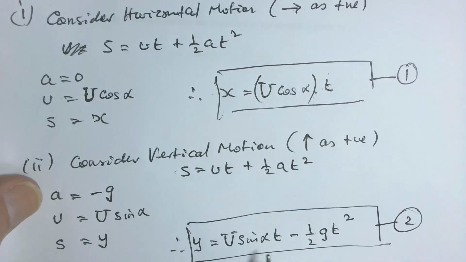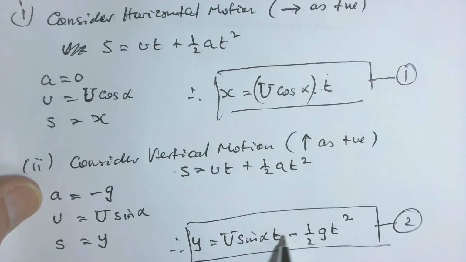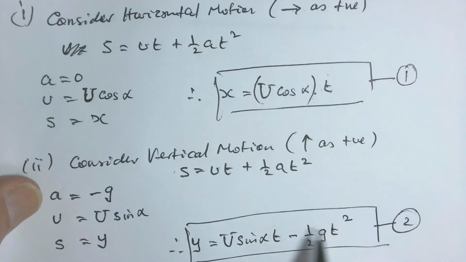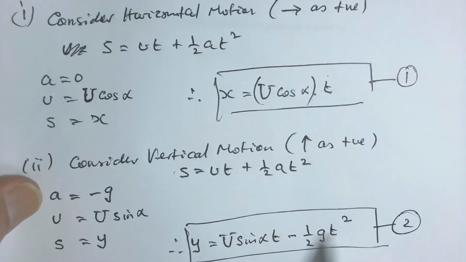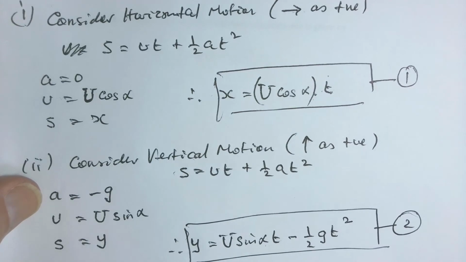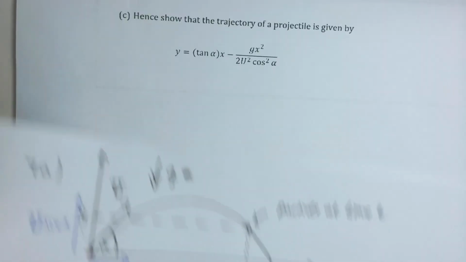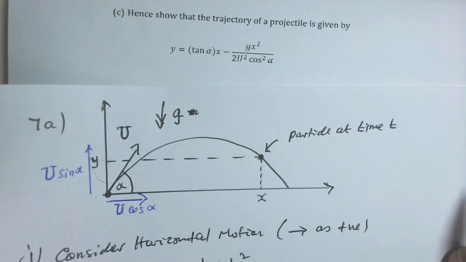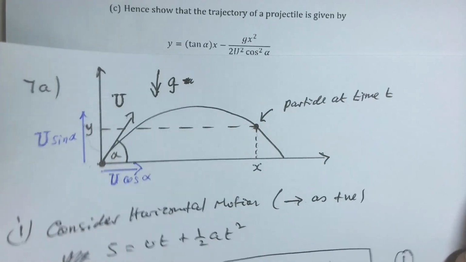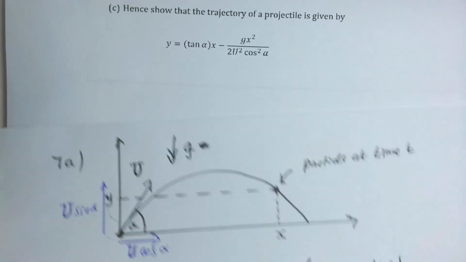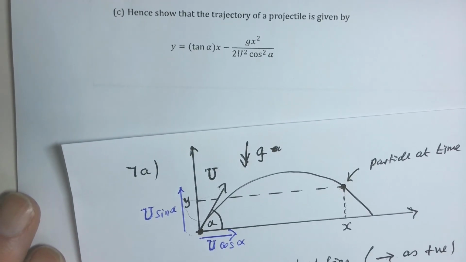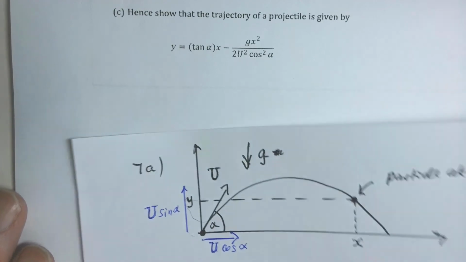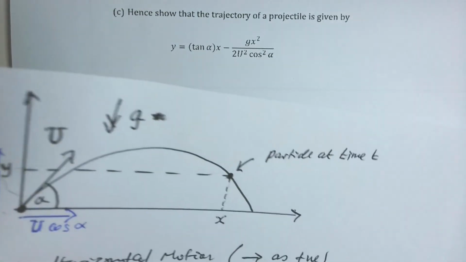Then I'm going to substitute for t in equation 2, get rid of these t's, and do a little bit of trigonometry, and hopefully we'll pop out this equation. You'll notice that this equation doesn't have any t's in it. It's only got x's and y's and alphas and u's and g. It's got no times in it. So let's do that.